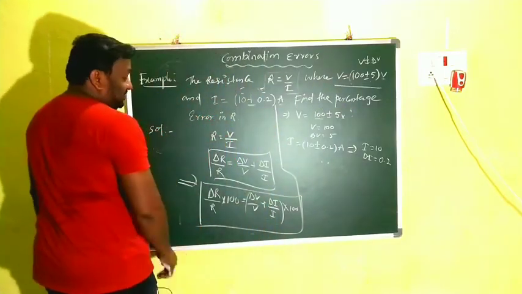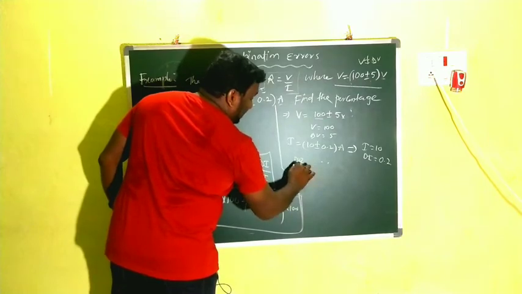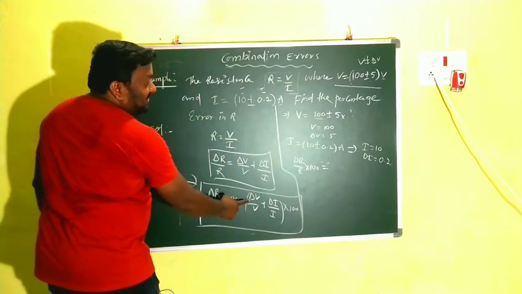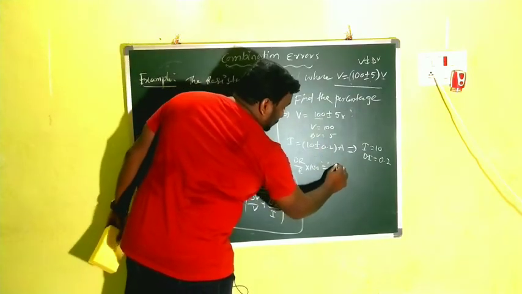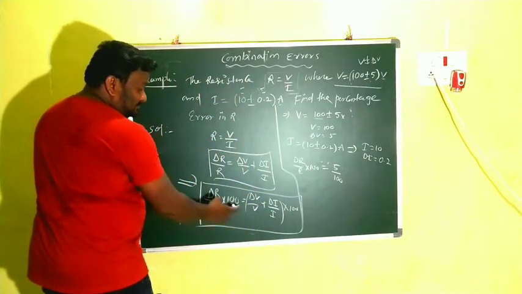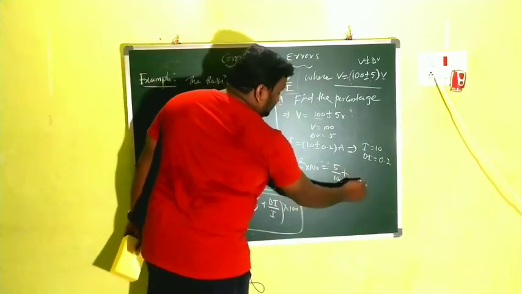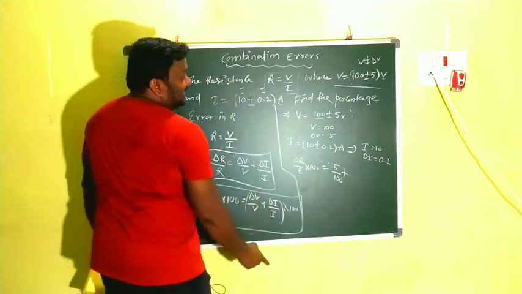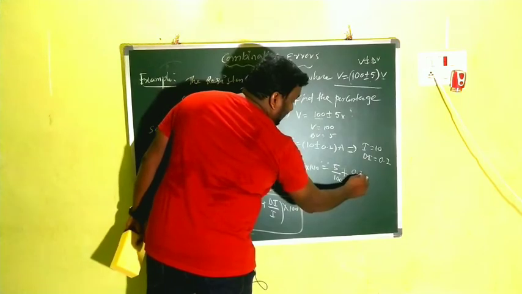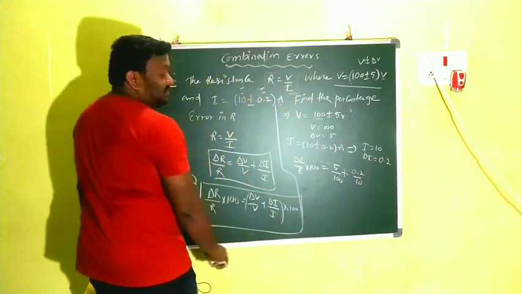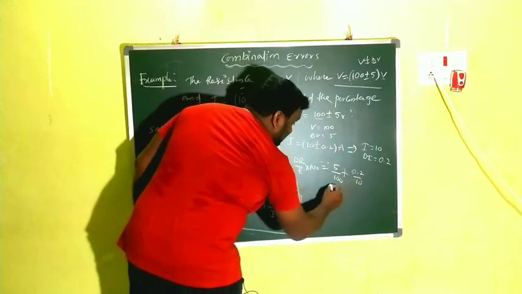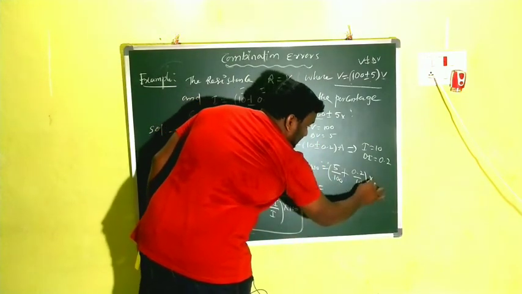Then substitute these values in this equation. Delta R by R into 100 is equal to delta V by V, where delta V value is 5, so 5 by 100, plus delta I by I, where delta I value is 0.2, so 0.2 by 10, into 100 again for percentage.